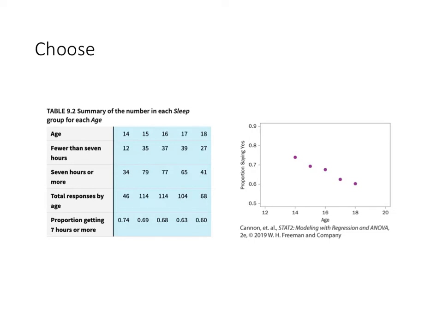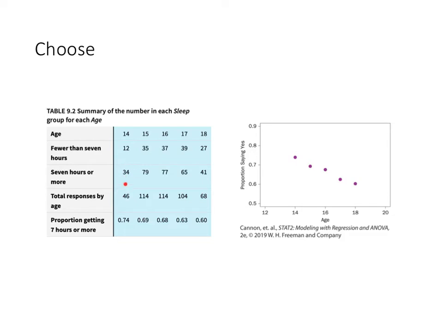Okay, so here's just some summary data. You can see a breakdown here by age, and this is the number of people who slept fewer than 7 hours, 7 hours or more, and then the total responses. So if you look here, these proportions down here are just the percentage in the sample who slept more than 7 hours.